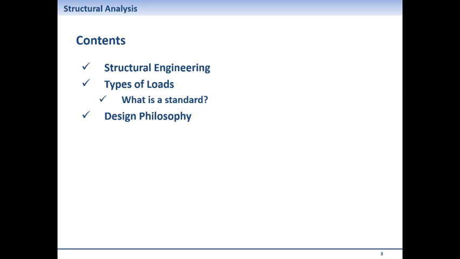So we analyze to find out what's going on inside different elements of a structure. Once we find the magnitude of shear forces, bending moments, axial forces, so on and so forth, then we design the structure for whatever material that we have decided.